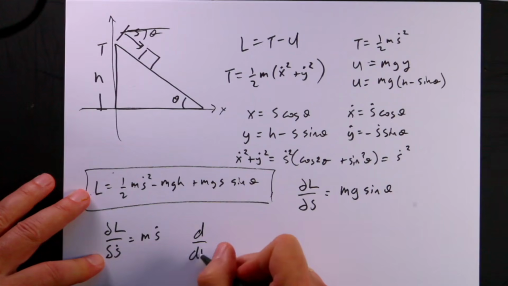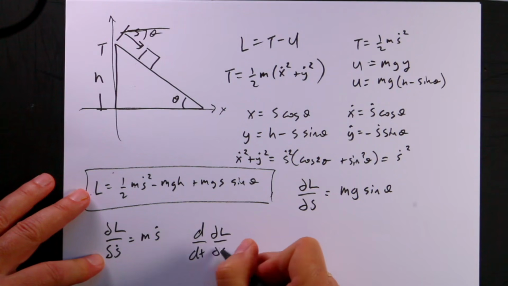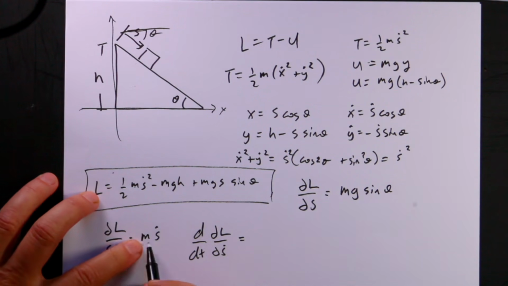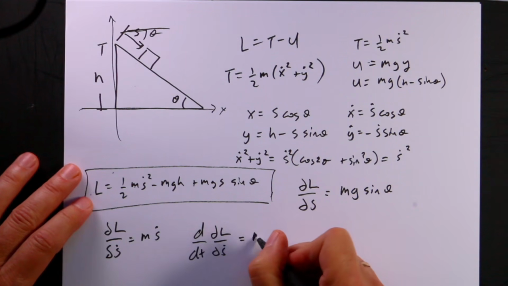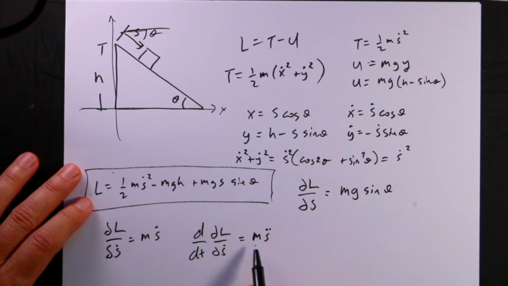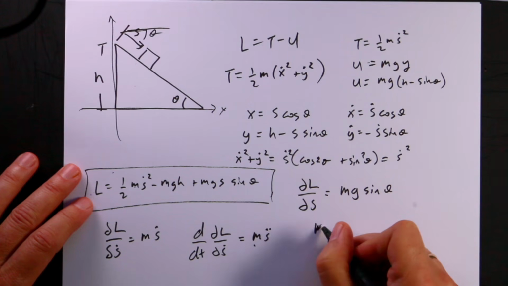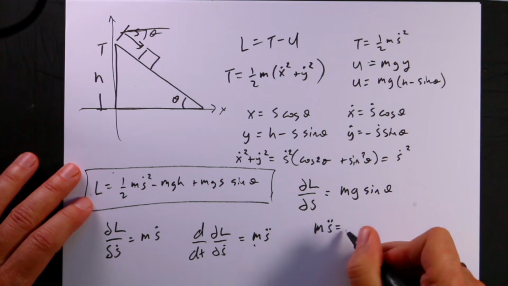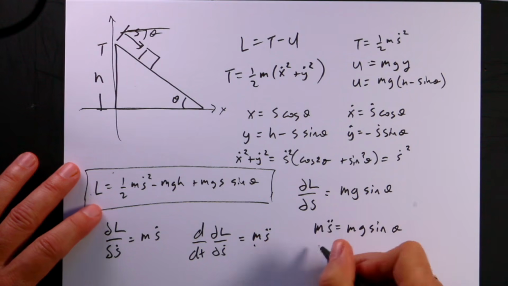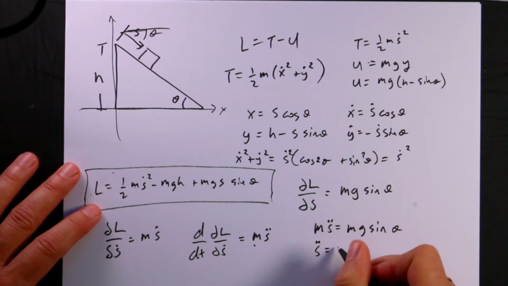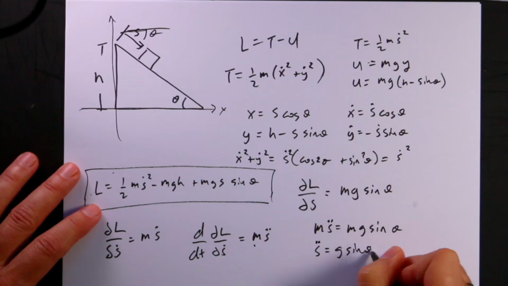Well, m's constant, so I just get the derivative of s dot with respect to time, so I get m s double dot. Now I can set this equal to that. m s double dot equals mg sine theta. The masses cancel, and I get s double dot equals g sine theta.